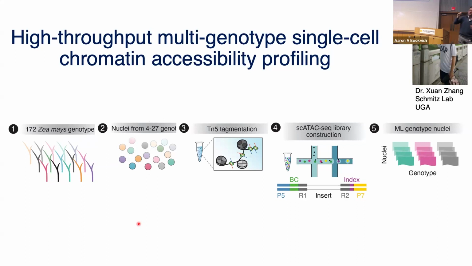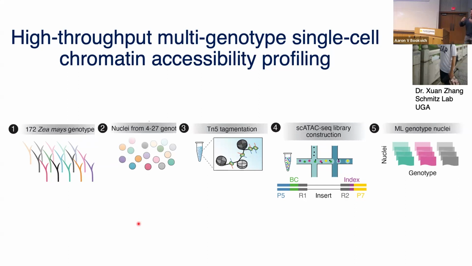And because all these genotypes have already been sequenced, we can use the known genotype SNP data, VCFs, to go back and say, okay, does this cell look more like genotype A? Does it look more like genotype B? So we use maximum likelihood to assign genotypes ad hoc, right?